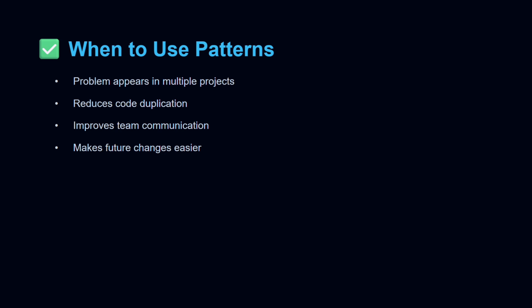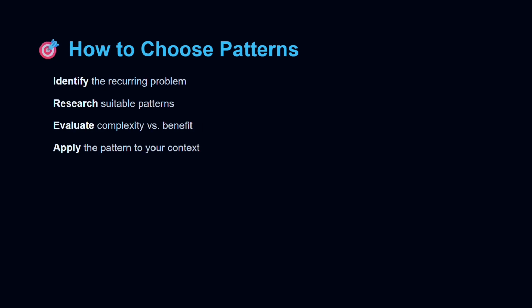And how to use them? Identify a pattern or a recurring code problem, research the pattern and evaluate it, then apply it in the context of our real time problem.